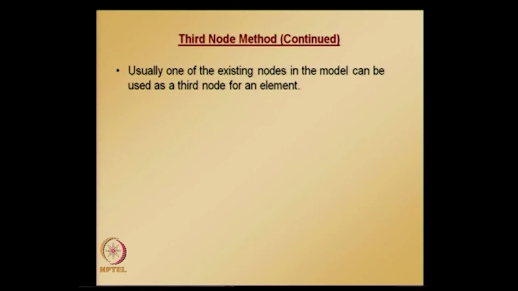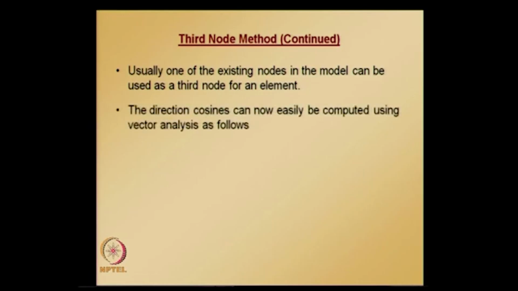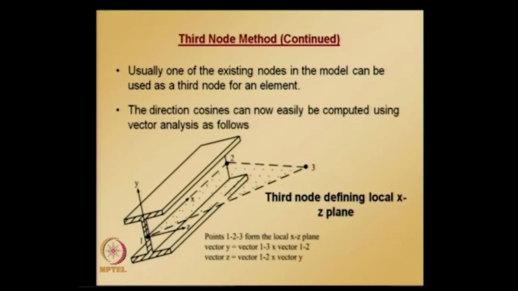Usually one of the existing nodes in the model can be used as the third node for an element. Direction cosines can now be easily computed using vector analysis. So this is how you can define the third node.